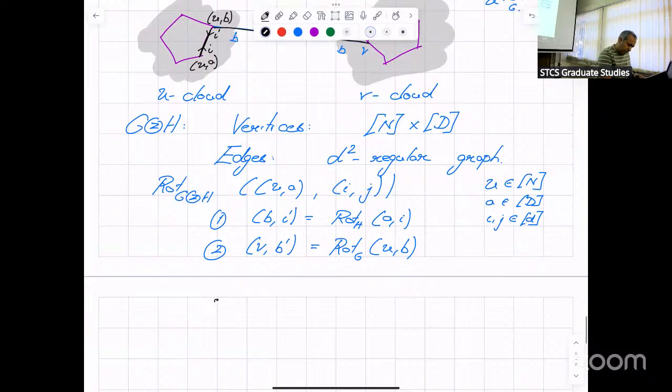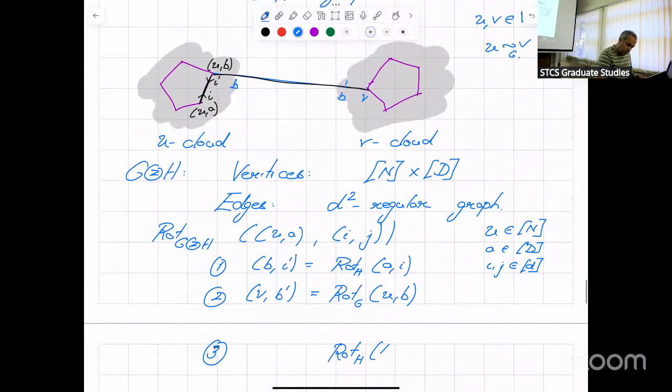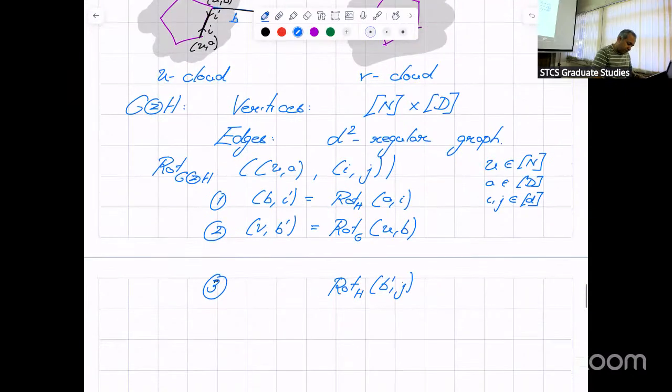Now third, you ask rot H of, you have gone to B prime and J. You ask what's the jth neighbor of this. That will be some A prime and J prime. So that is what this is.